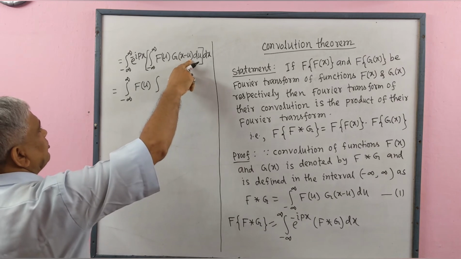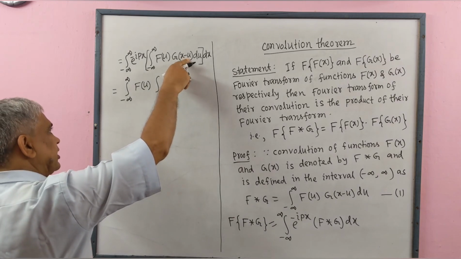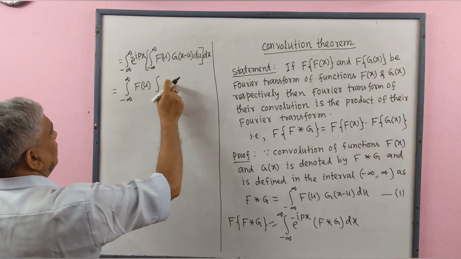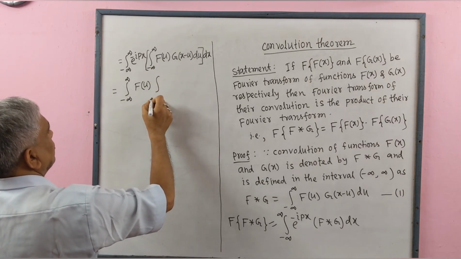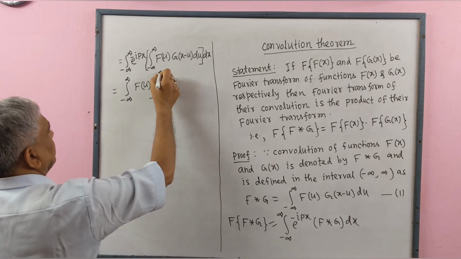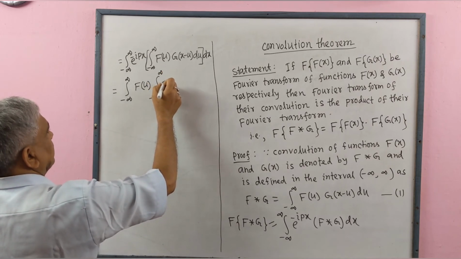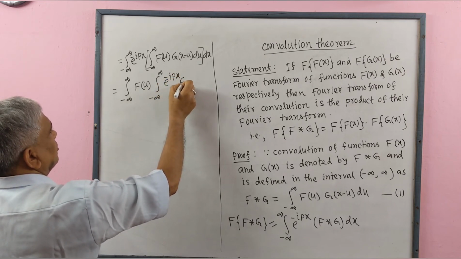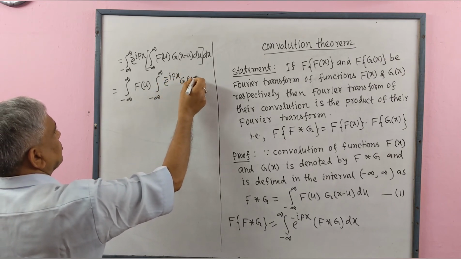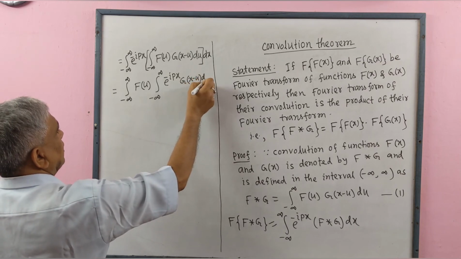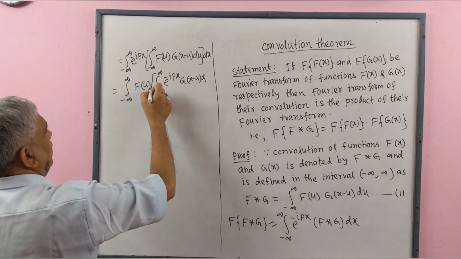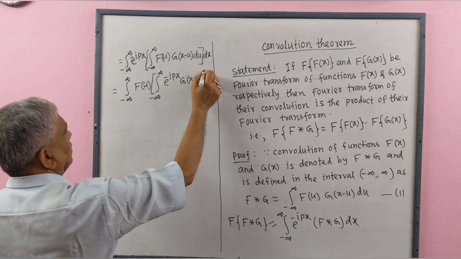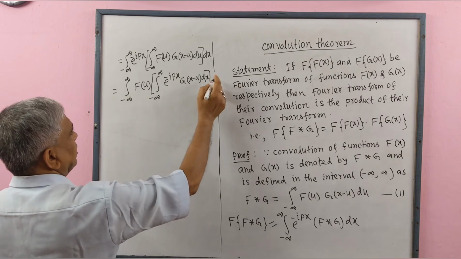Since g(x minus u) contains both x and u, we write under this integration from minus infinity to infinity, the integration of e to the power minus ipx g(x minus u) dx, and we write outside du.